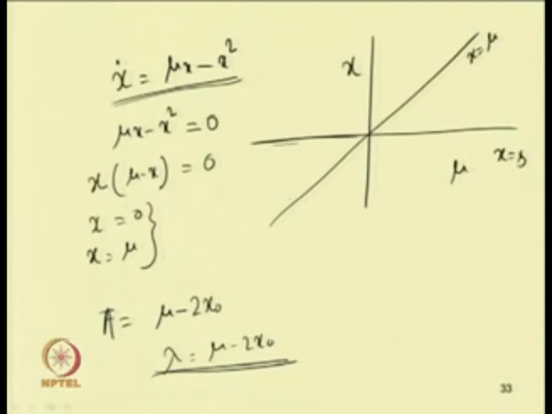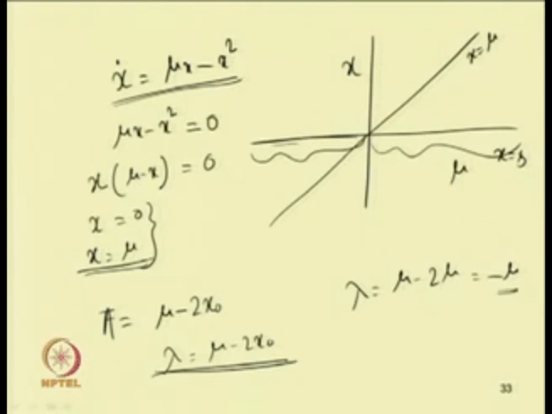Depending on the positive and negative value of mu, for negative mu, lambda becomes negative, that means this branch is a stable solution, and this other branch is an unstable solution. Coming back to x equal to mu, if I substitute this in the equation, lambda becomes mu minus 2 mu, so this becomes minus mu. That means lambda equal to minus mu.